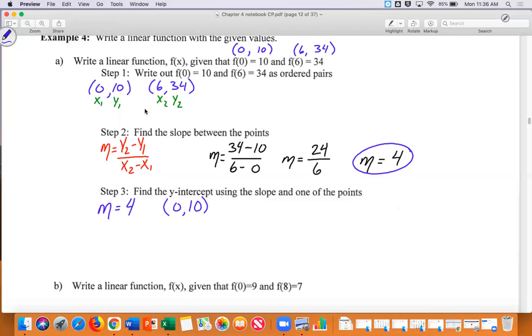Now, step number 1 is label. So now that I have just 1 point, I'm just going to label x, y. Step number 2, what is my equation?